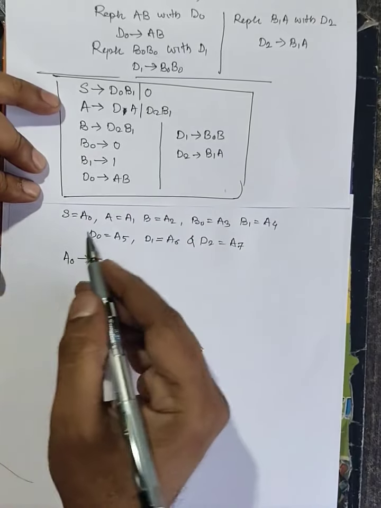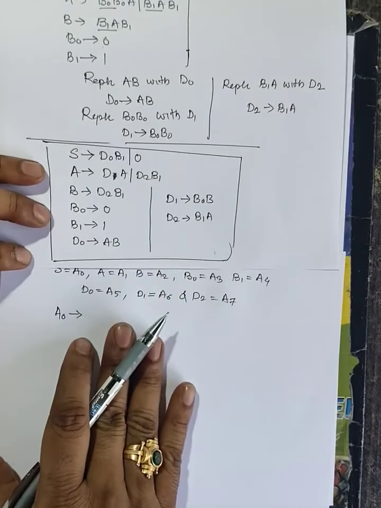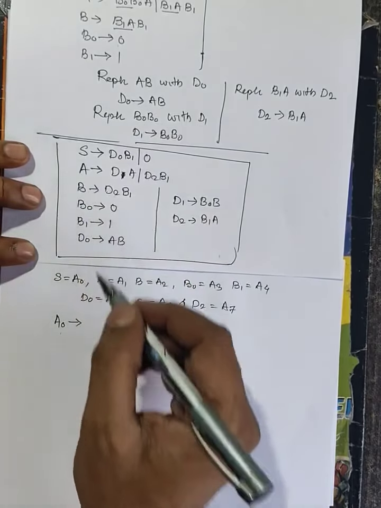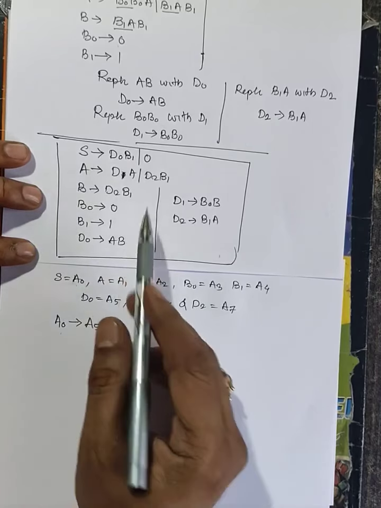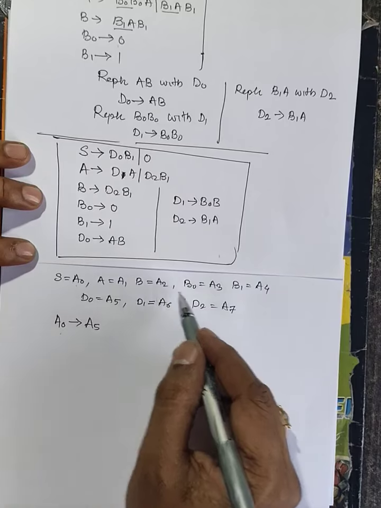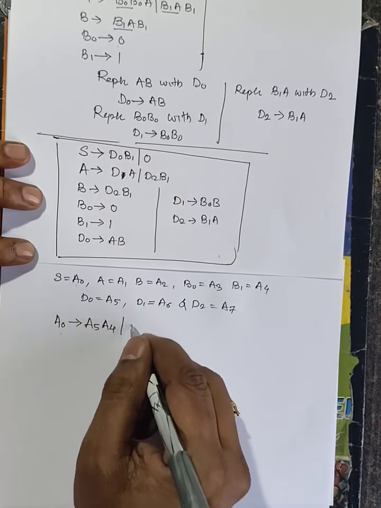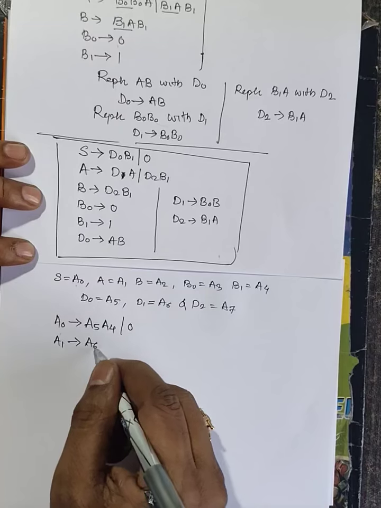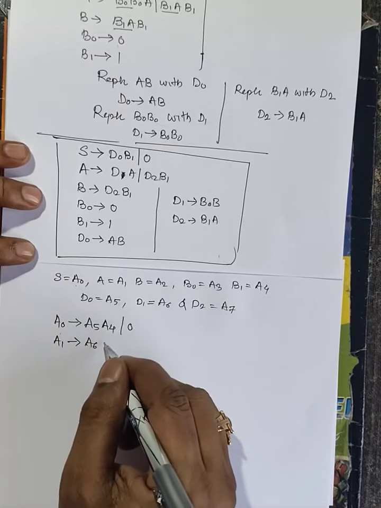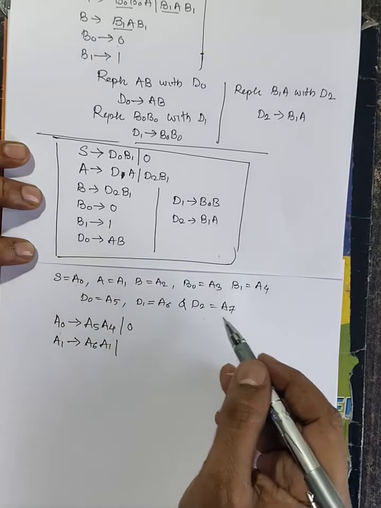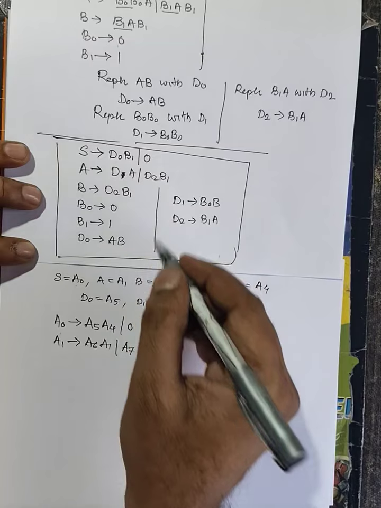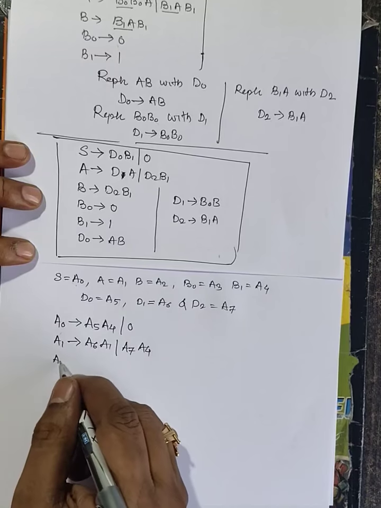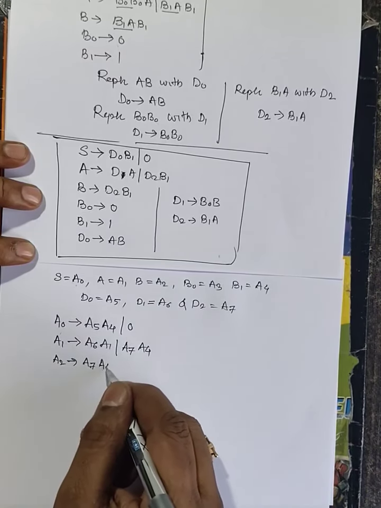A0 produces A5 A4, 0 as it is. A1 produces A6 A1, A7 A4. A2 produces A7 A4.